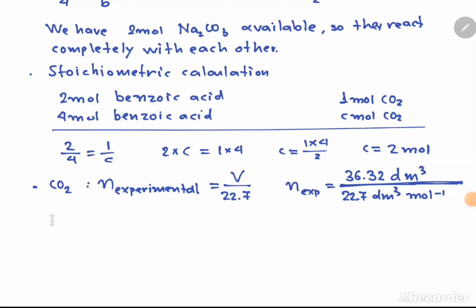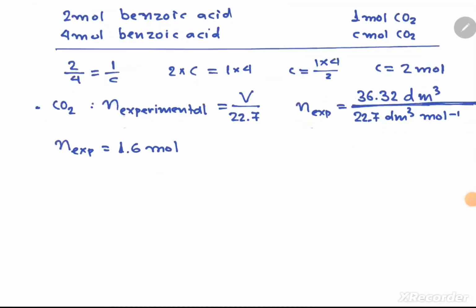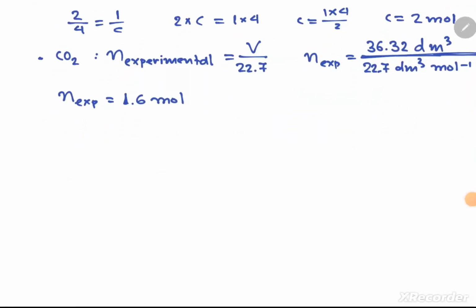So the number of experimental moles is equal to 1.66 moles. So we know the experimental moles and theoretical moles, so we can find the percentage yield.